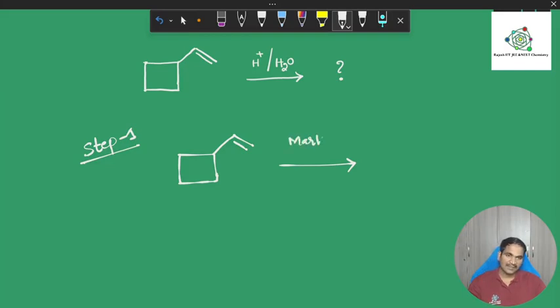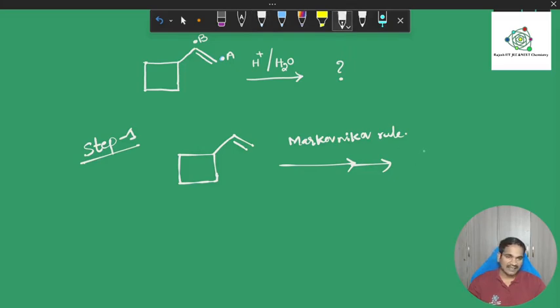Where does it take place? There are two double bond carbons. Just imagine this is carbon A and carbon B. In which carbon is a stable carbocation formed? You all know very well, if the positive charge is present on carbon B, that is the more stable carbocation. So that's what we can write here.